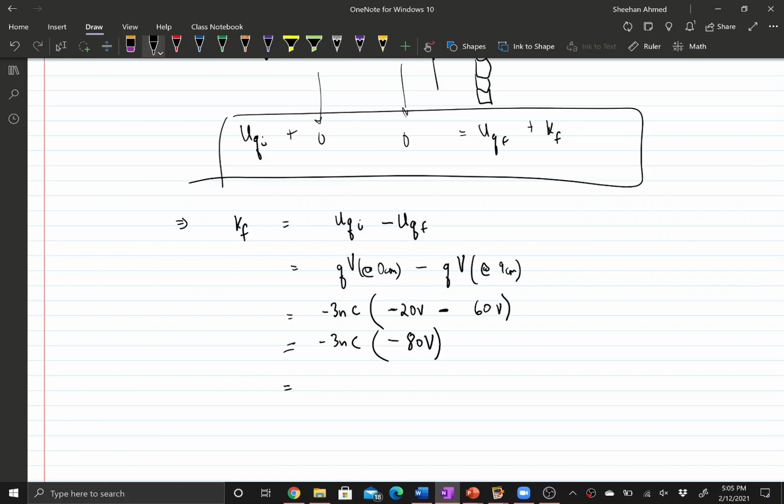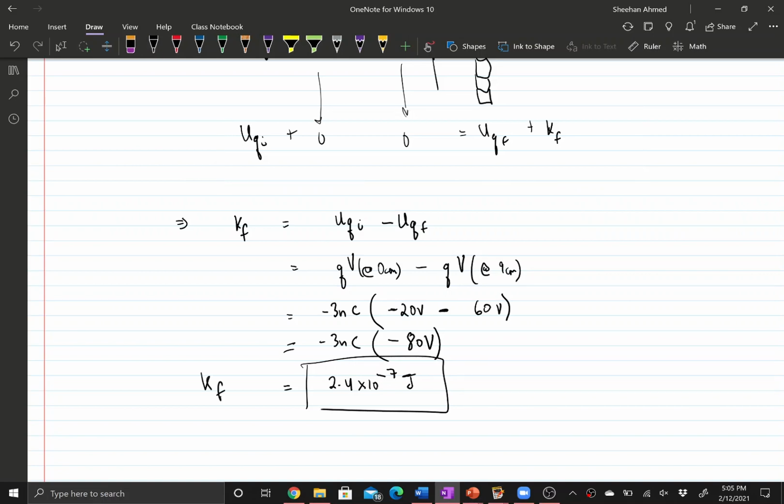And I get from here 3 nano times 80. It gives me 2.4 times 10 to the minus 7 joules. Still not that big, because I guess all the charges and everything are very small. That is my kinetic energy final. I'll take the box off of that. Oh, that was a lot of things.